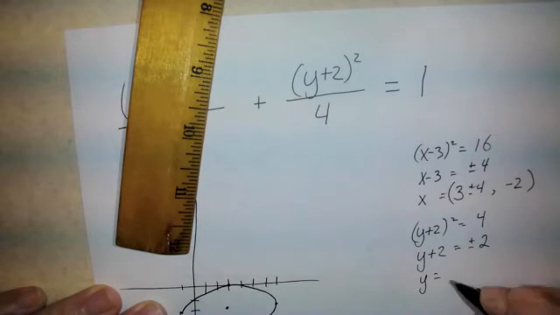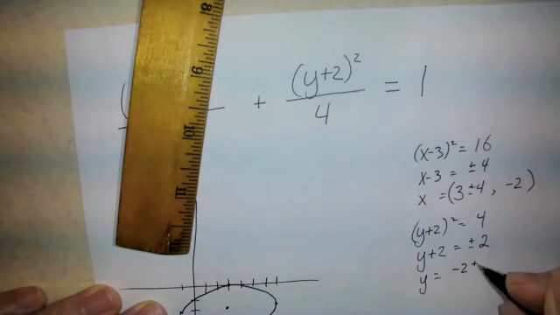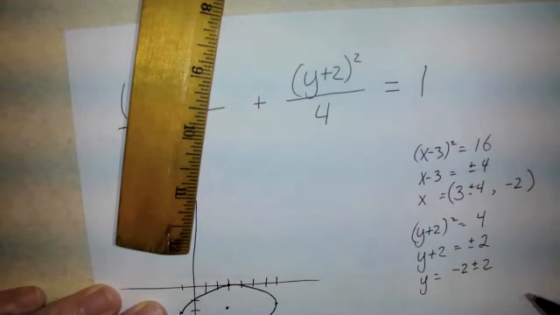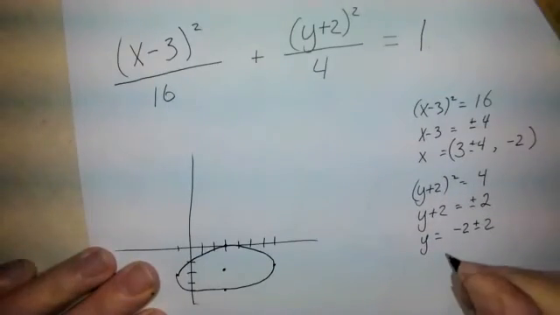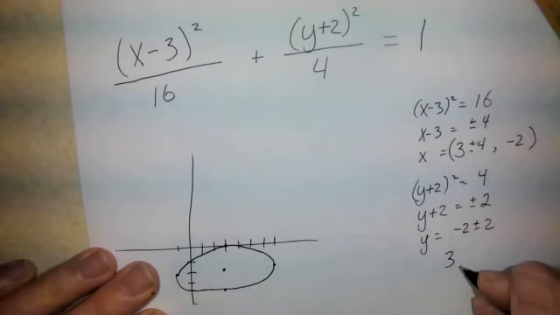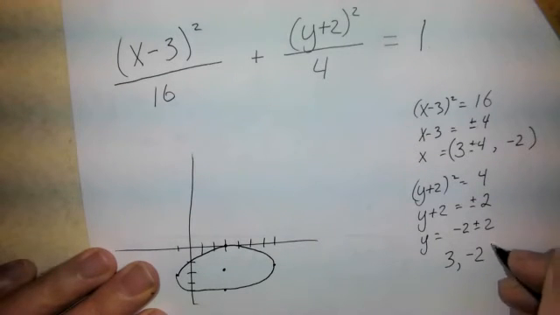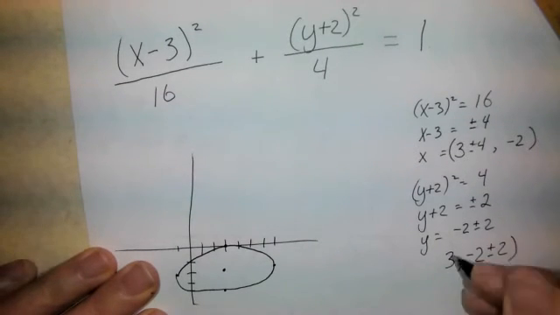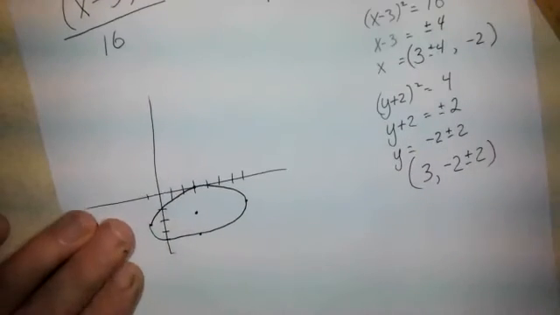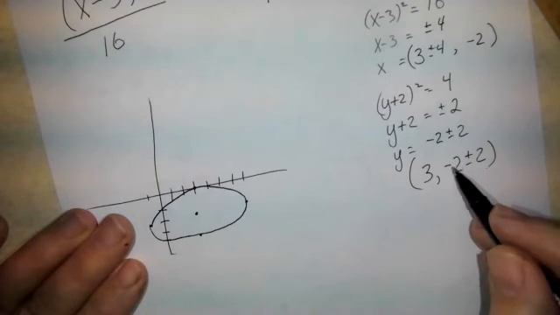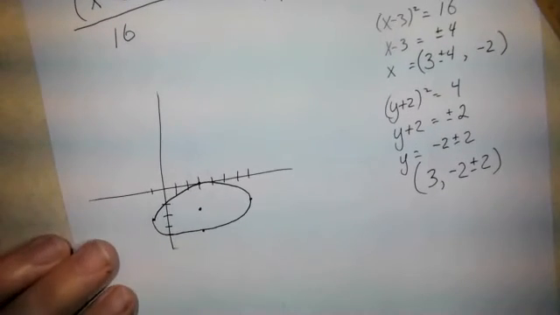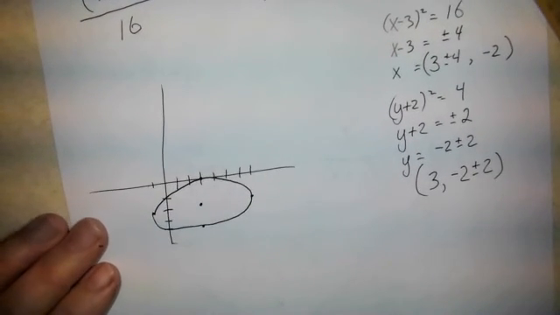And then y equals -2 plus or minus 2. And remember, those happen when x was equal to that 3. So 3 comma -2 plus or minus 2. And again, it kind of shows the symmetry around that center point. Around (3, -2), I either add or subtract 2 from that y value.